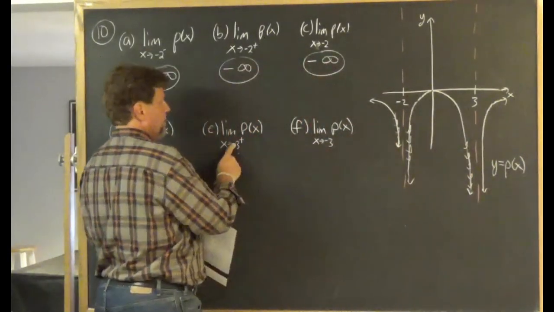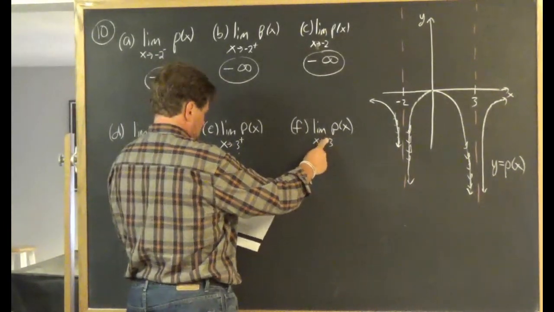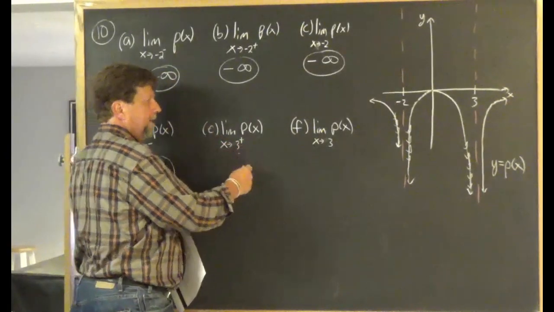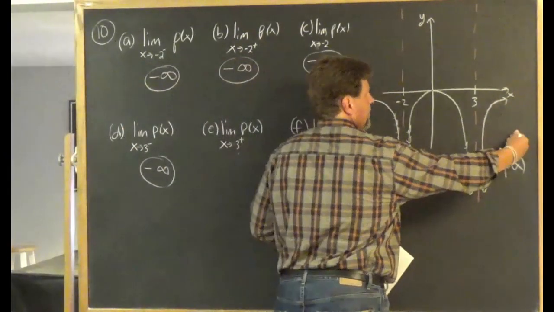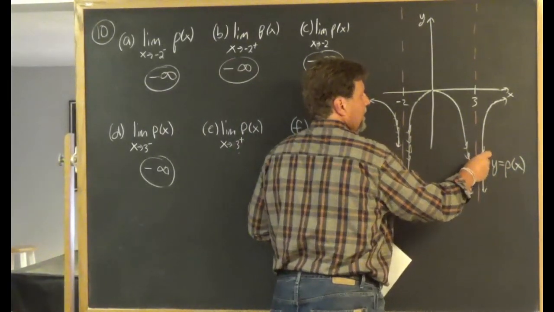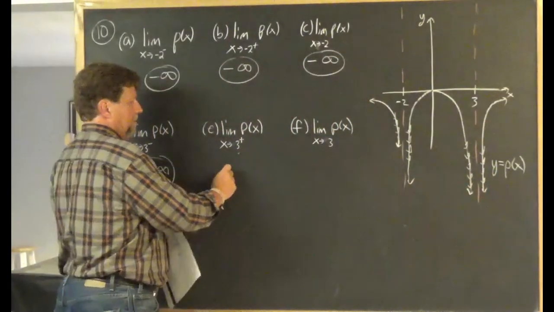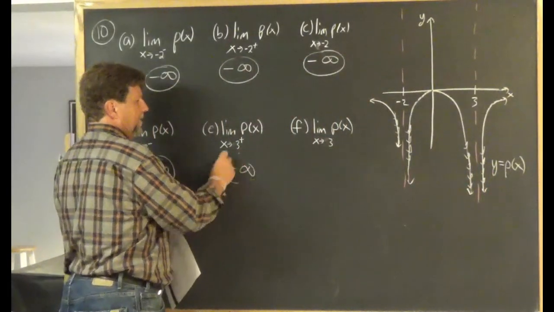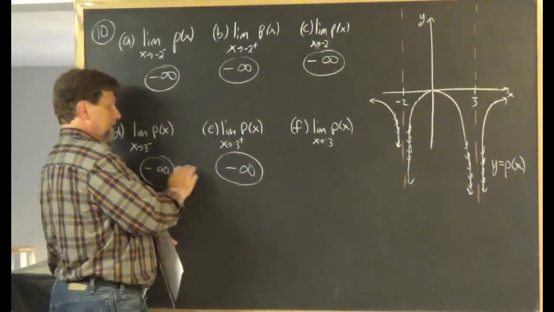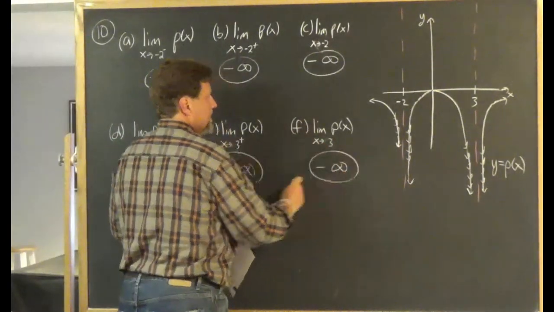I'm sorry, this is supposed to be a 3, and that's supposed to be a 3. When I approach 3 from the right side, it's another decrease without bound. The limit is negative infinity. And that means the limit as x approaches 3, since these are the same, is negative infinity.